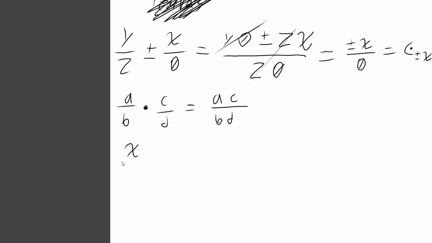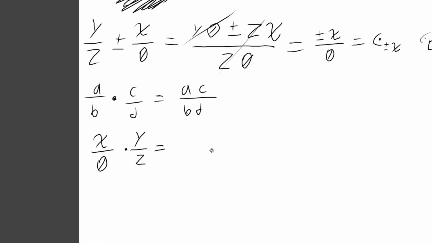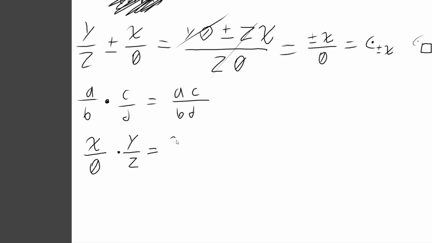x over 0 times y over z equals what? x times y over top of 0 times z.